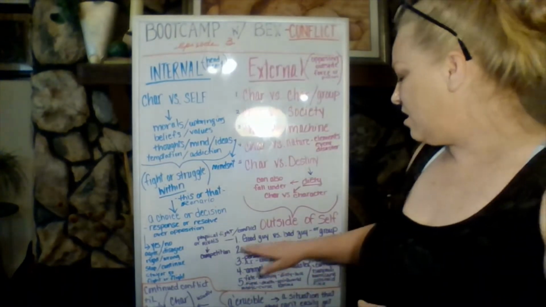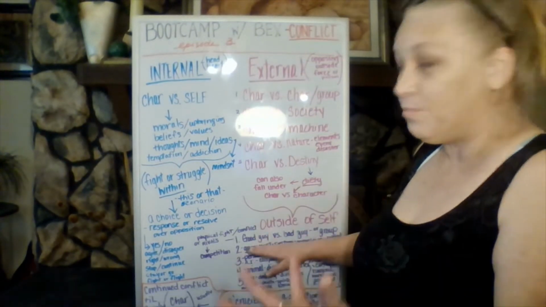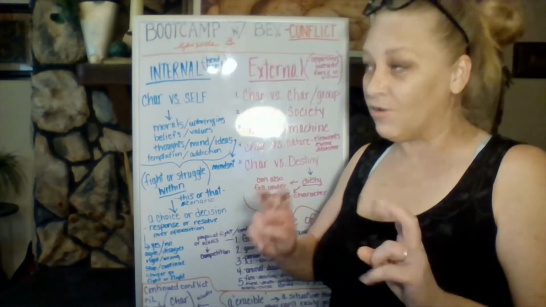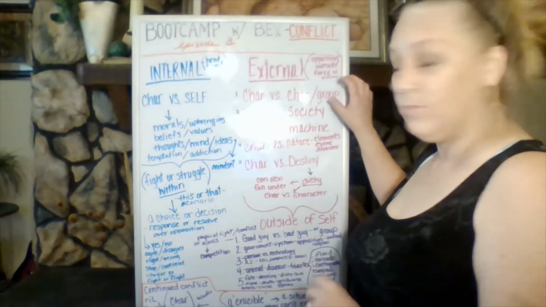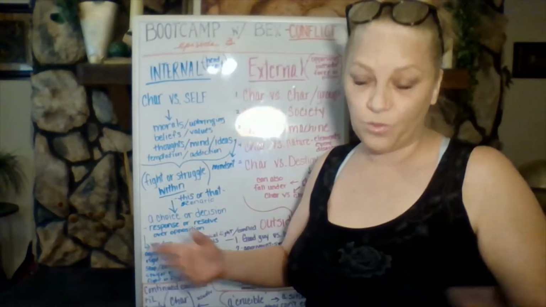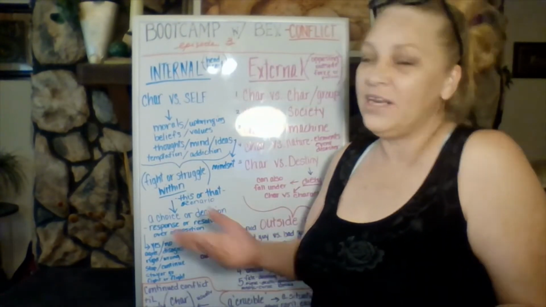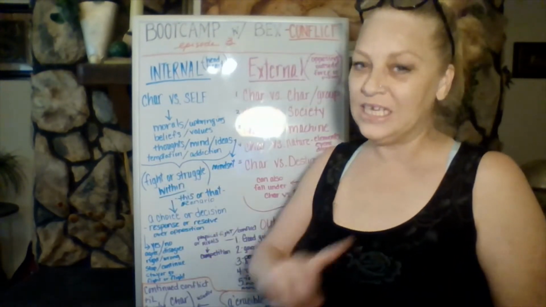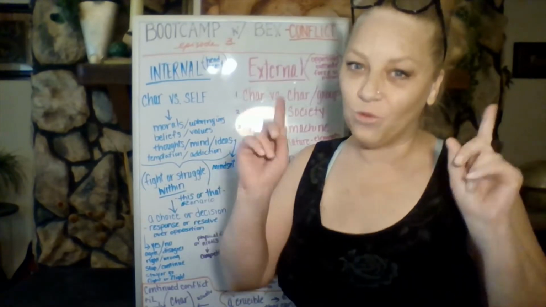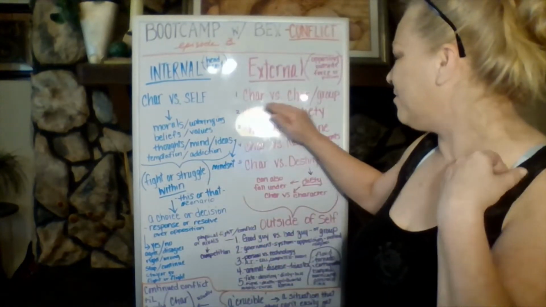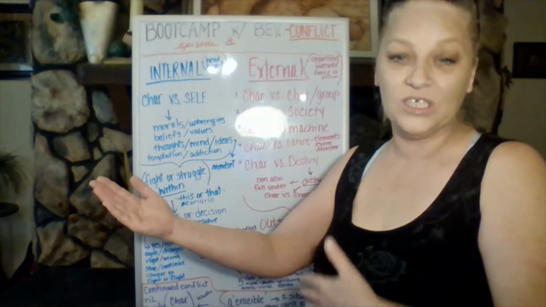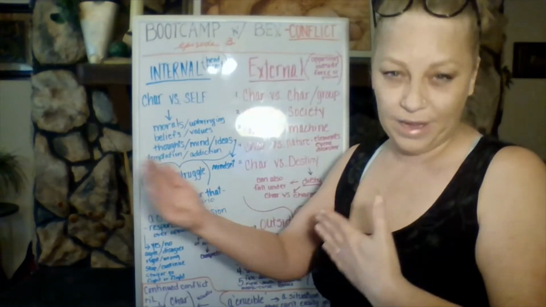It could be the good person or good guy character versus a group, like a bad group. Well, they don't even really have to be bad. It could be simple as a competition, but we'll get to that one. Anyway, character versus character is usually one force or one character opposing your main character.